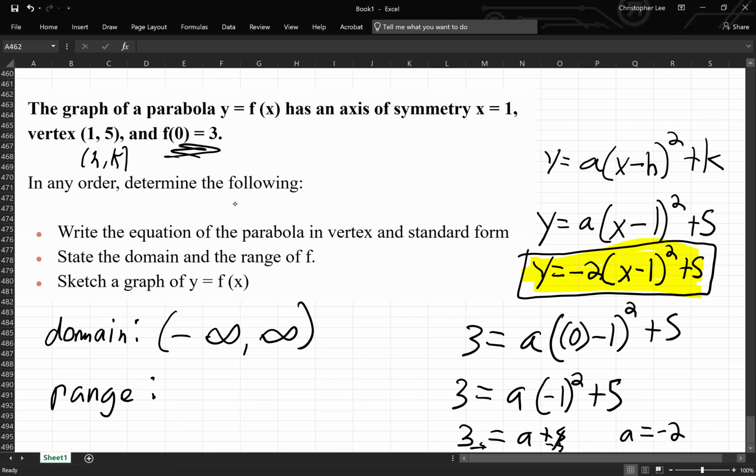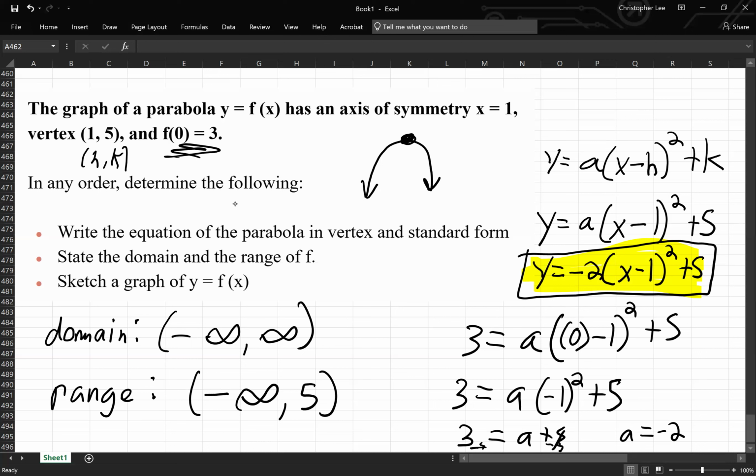That means I have a maximum value at the vertex, and then it goes down from there. The vertex y coordinate is 5, so the range goes from negative infinity up to 5.